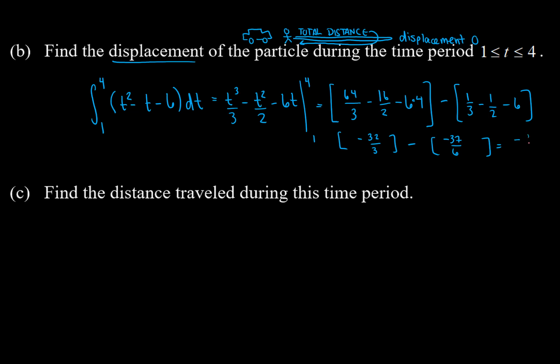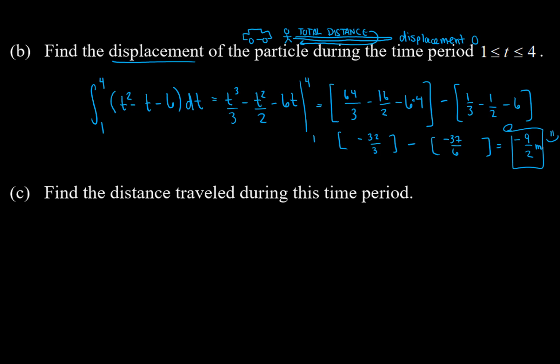And this is going to give me negative 9/2. All right, so that's the displacement from the time period of 1 to 4, and this is in meters. It means I'm going to be negative 4.5 meters to the left of my starting point.